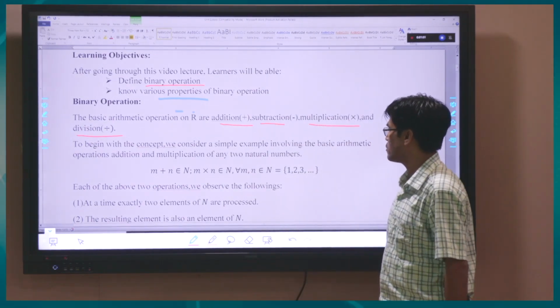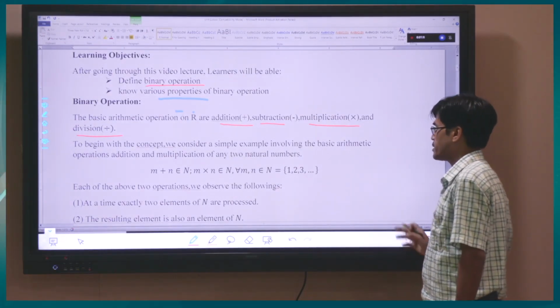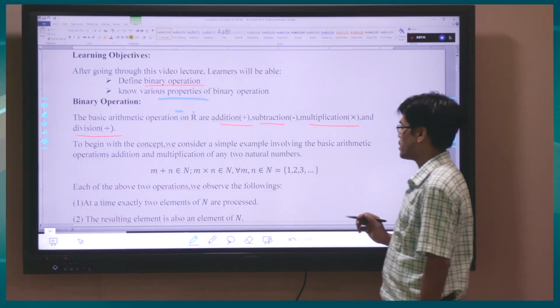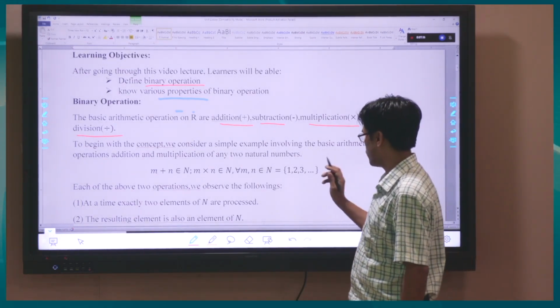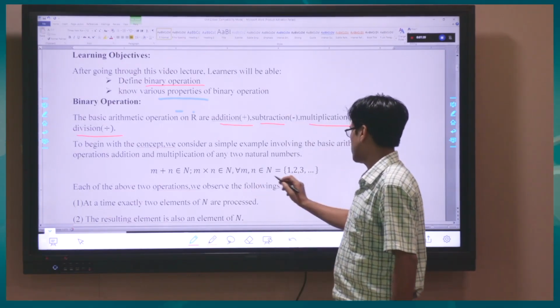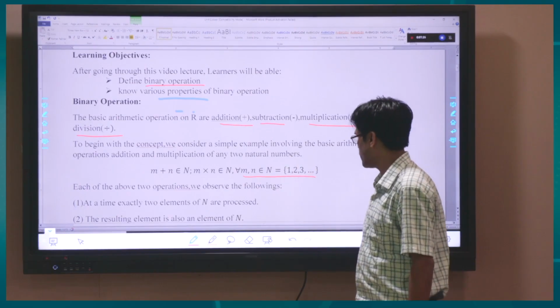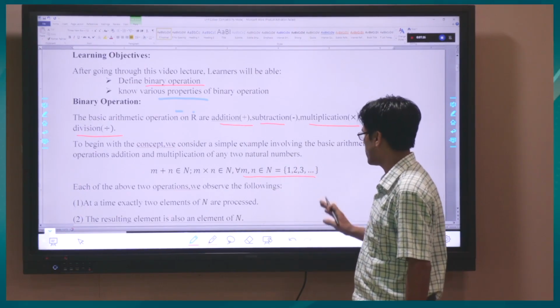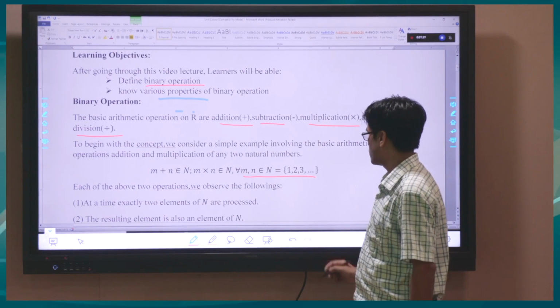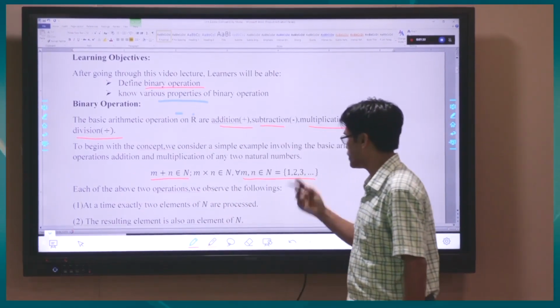To begin with the concept, we consider an example involving the basic arithmetic operations addition and multiplication of any two natural numbers. Suppose m and n belong to the natural numbers, any two natural numbers. If we add two natural numbers, the result will again be a natural number.